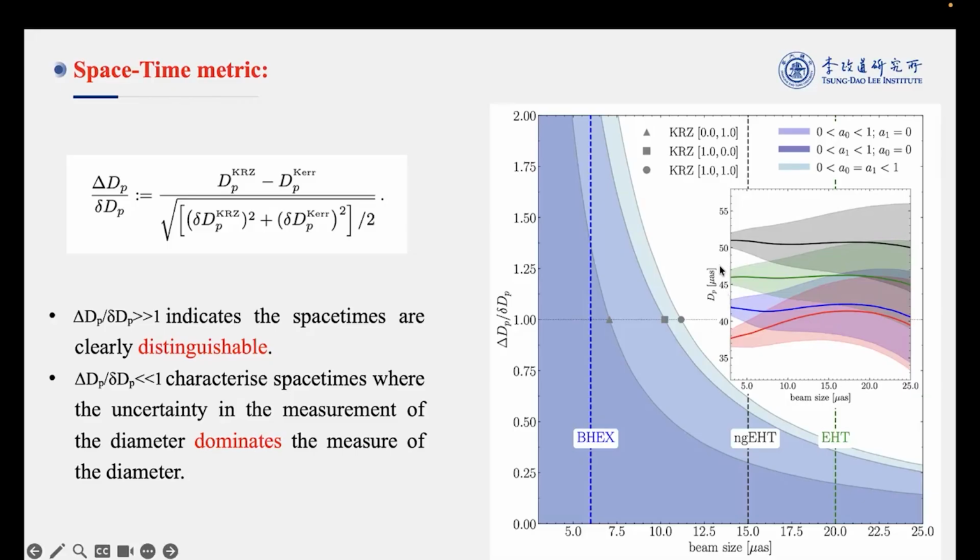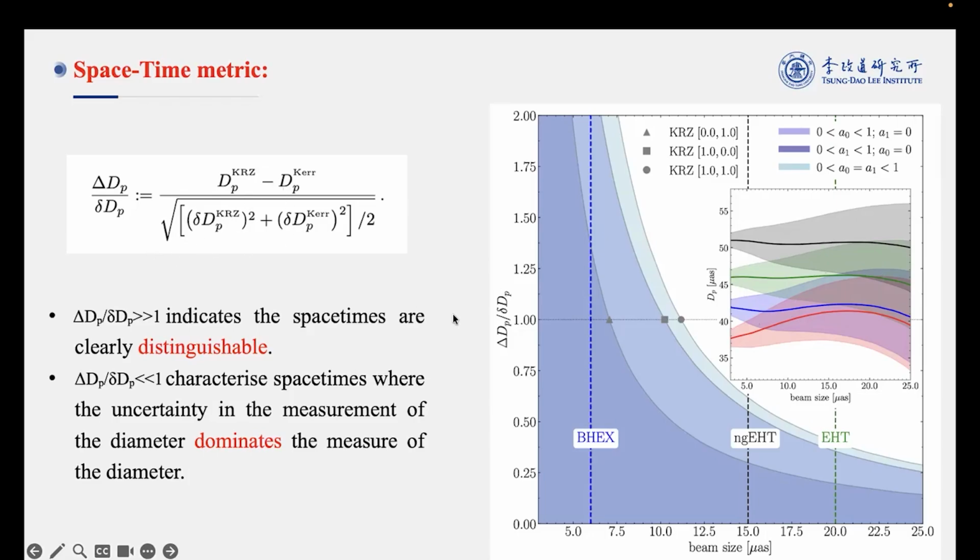So you have this diameter on the y-axis and the beam size on the x-axis. As you blur more and more, your photon ring information gets lost, and you have almost overlapping with the uncertainty. So you don't actually have much information about the space-time beyond 5 and 6 microarcseconds. What you can always do is calculate a quantity, which is the difference of the diameter between Kerr and KRG, normalized by their uncertainty.